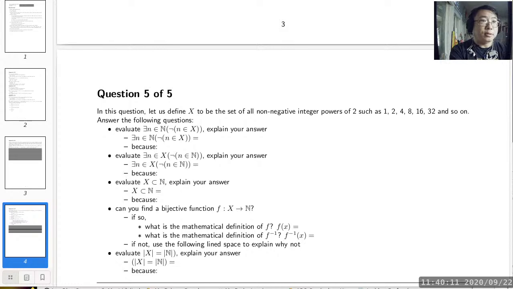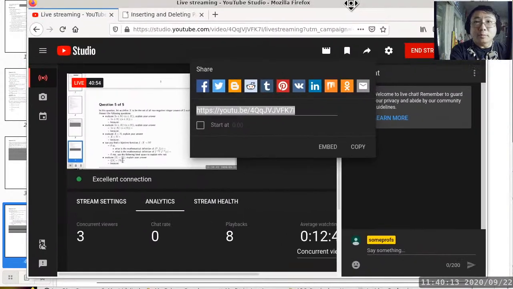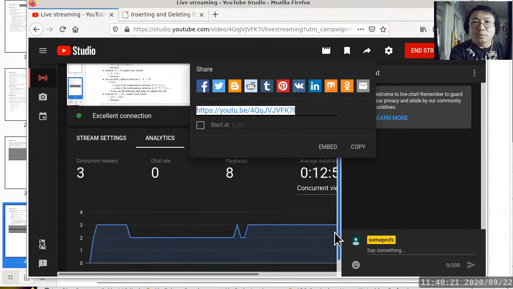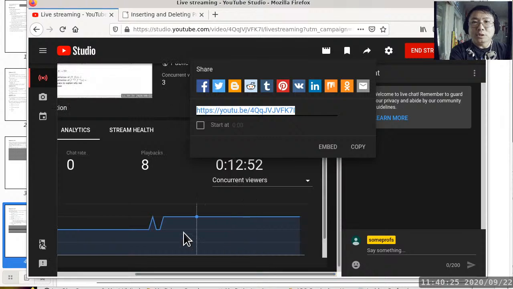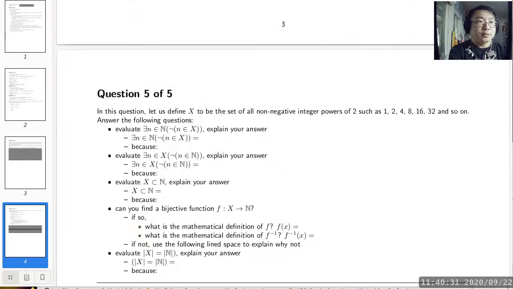Let me move that window into view. I think most of you know this already, but it's just kind of interesting to see it. This is what I see from the YouTube side, and it has a graph to show me viewership of this particular video.